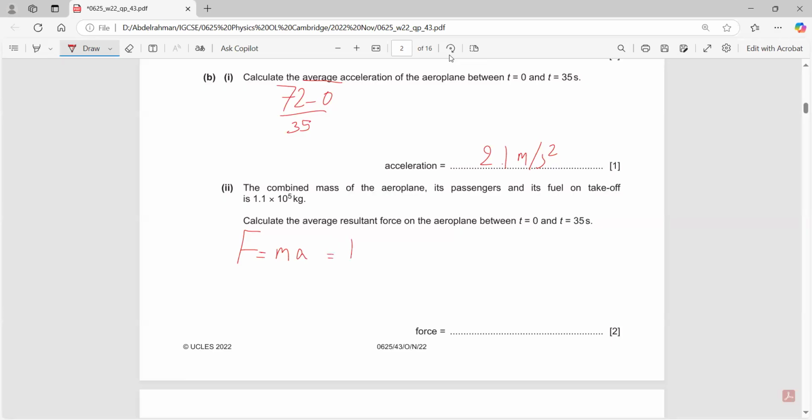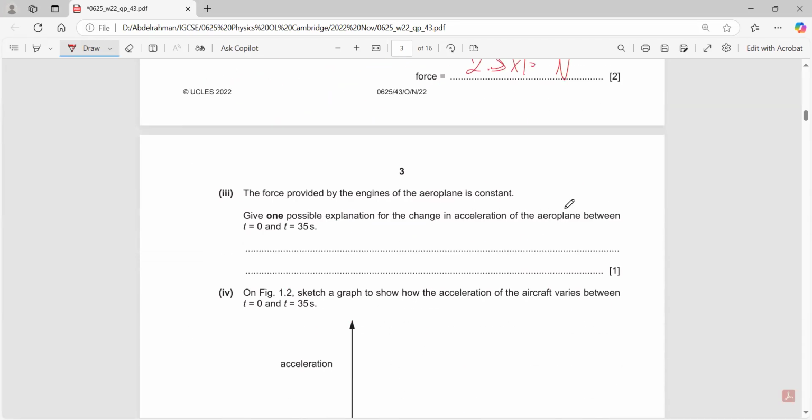What is the mass? 1.1 times 10 to the power of 5, and the acceleration is 2.1, which would give you around 2.3 times 10 to the power of 5 newtons. Okay, so this is the force applied on the plane.